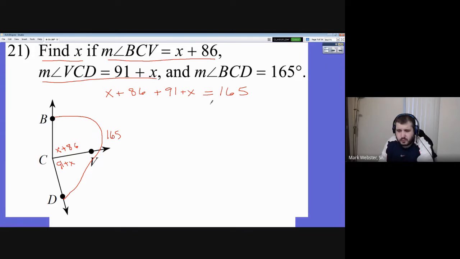And all we're going to do here is combine our like terms. X plus x is 2x. 86 and 91, 177. And then we're going to subtract the 177, right?